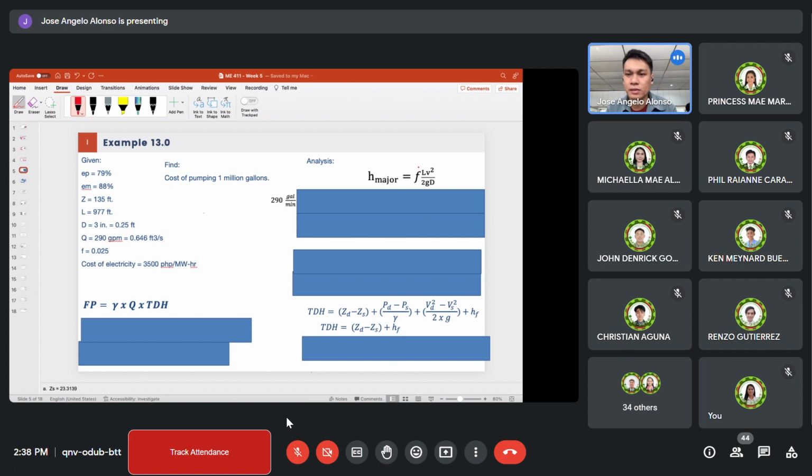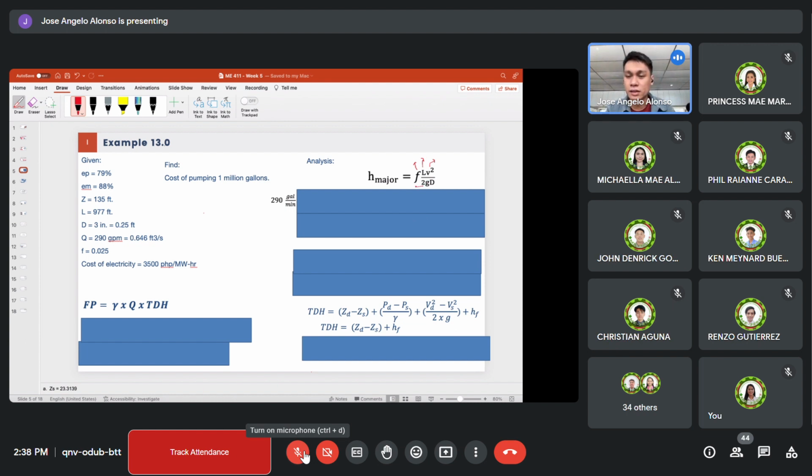Let me see if kompleto yung ating mga parameters. Length ng pipe, binigay din, 977 feet. Velocity, actually, hindi binigay si velocity, pero binigay si volume flow rate. Binigay ang diameter ng pipe, which is 0.25 feet. 3 inches converted into feet divided by 12, equivalent to 0.25 feet.